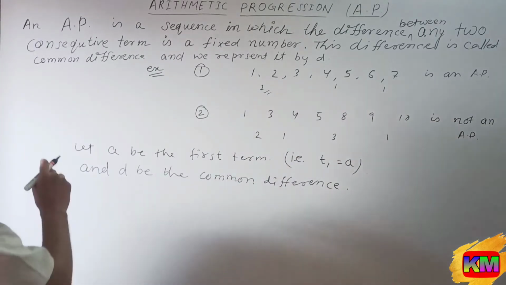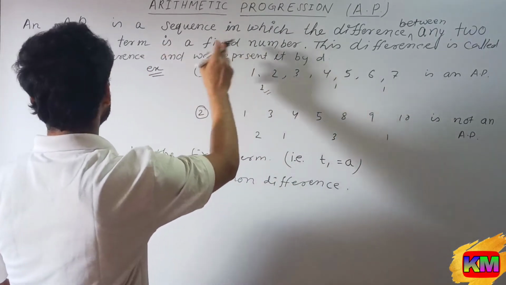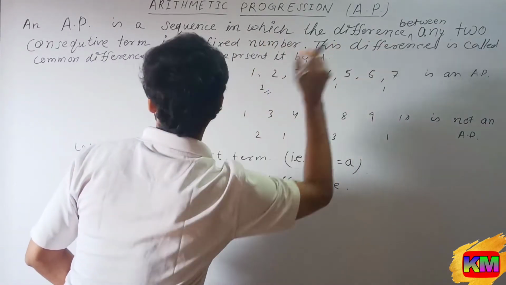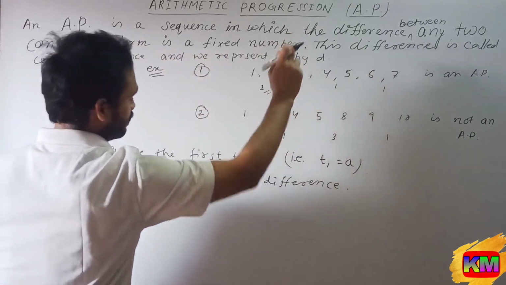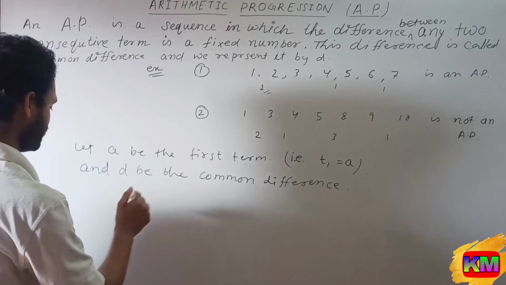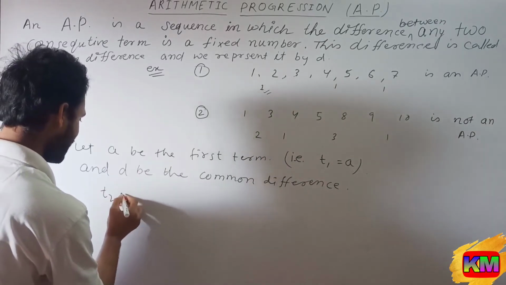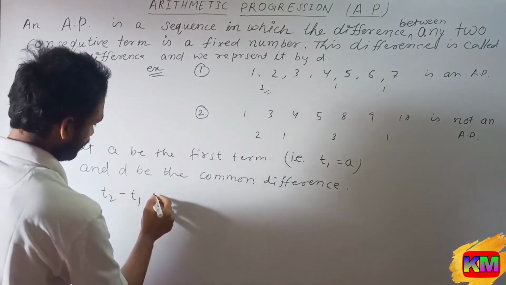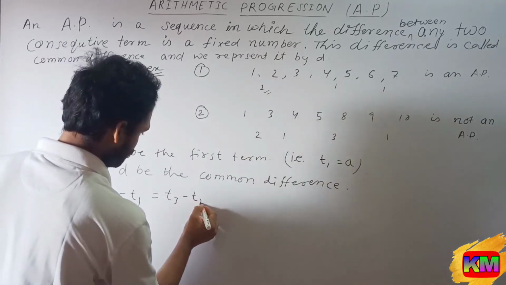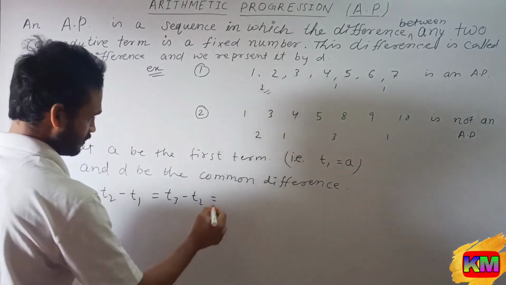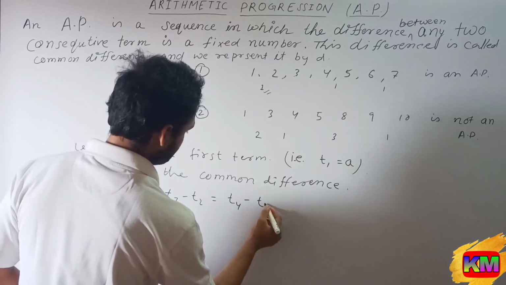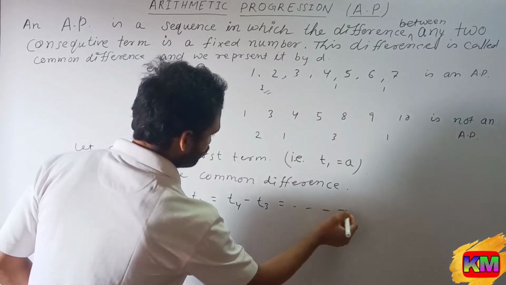Now according to the definition, an AP is a sequence in which the difference between any two consecutive terms is a fixed number. So we can write the difference between any two consecutive terms: T2 minus T1 equals T3 minus T2 equals T4 minus T3, and so on.